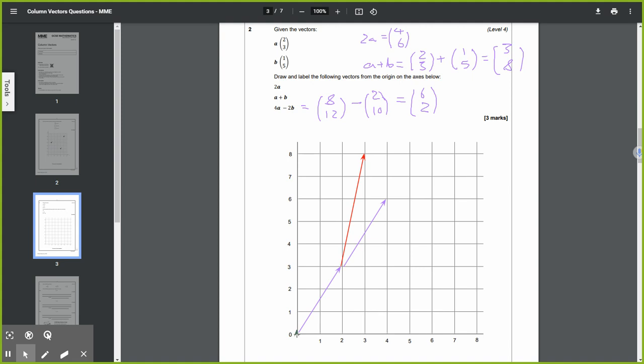We'll start from here, and that's my resultant. And you can see that is 3 across, and it goes up to 8, which is what we've got there too. All right, I'm going to rub out those ones so we've got a bit more space to play with for the final one.